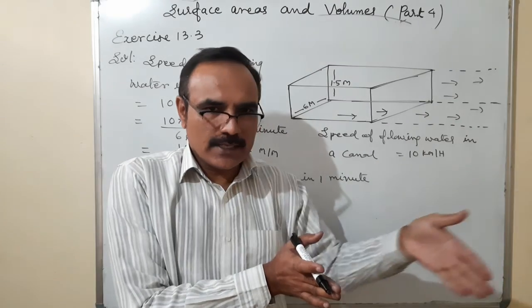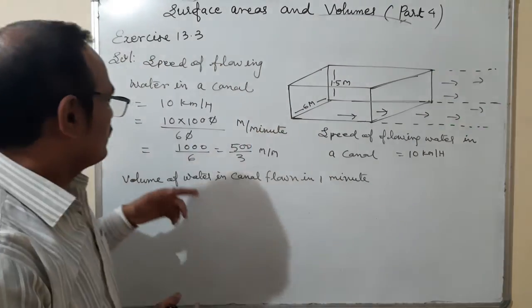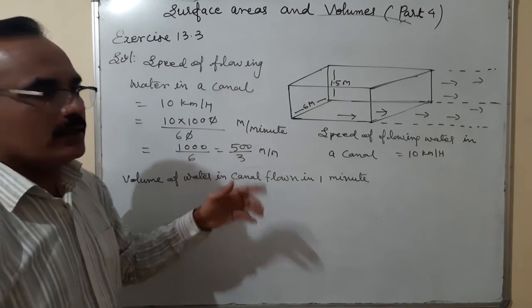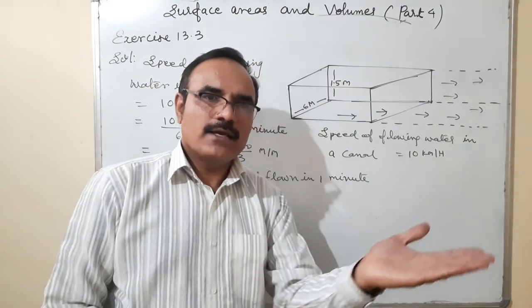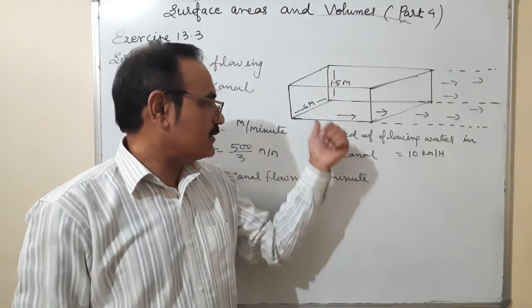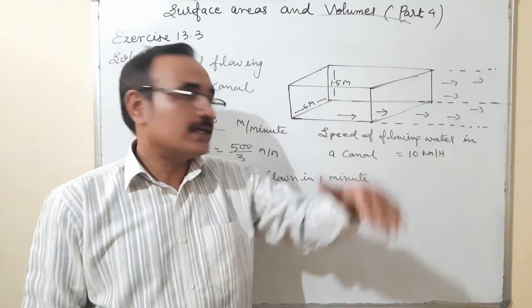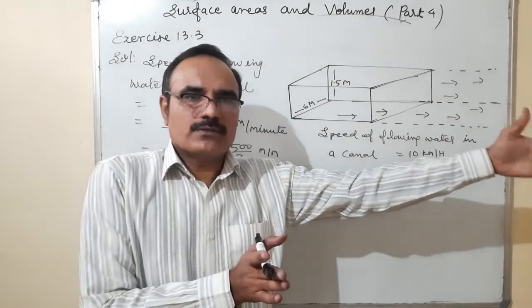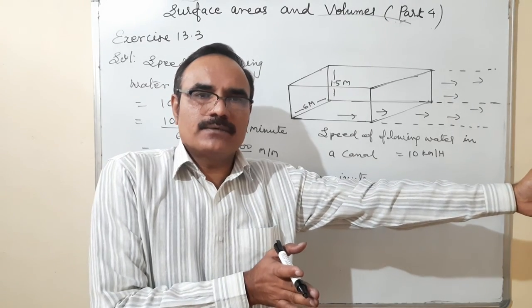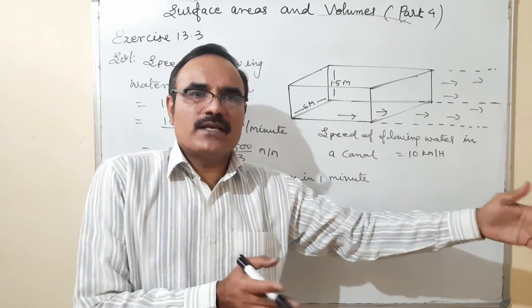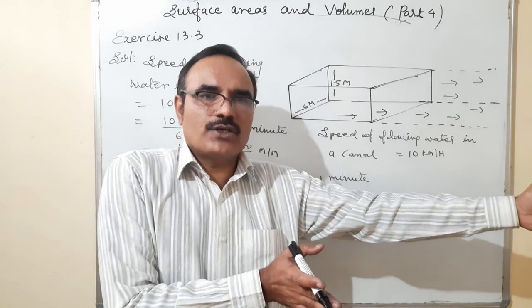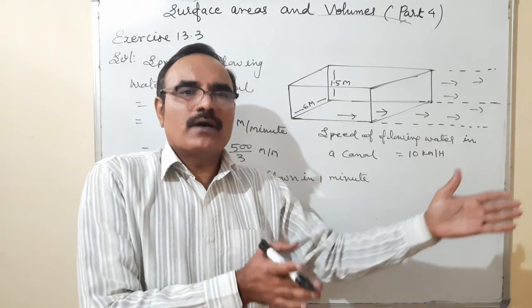Its length is, in 1 minute, the water flown 500 upon 3. So length is 500 upon 3. Breadth is unchanged, which is 6 meter, and depth, height, is 1.5 meter. We can imagine that we have frozen this water, so it becomes an ice cuboid.